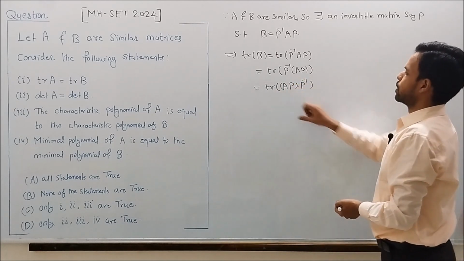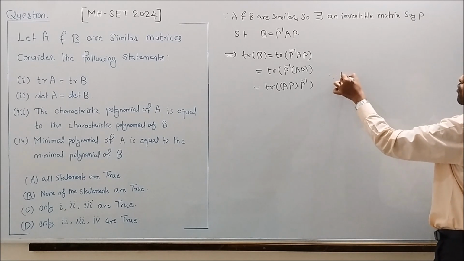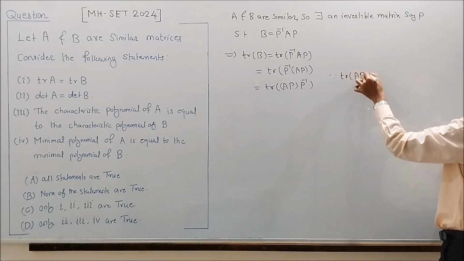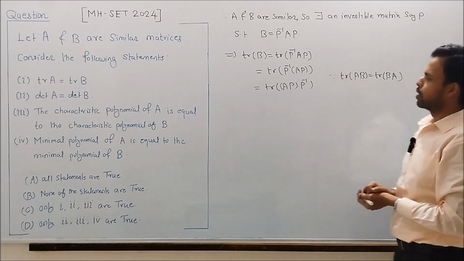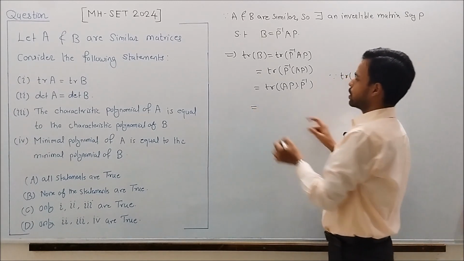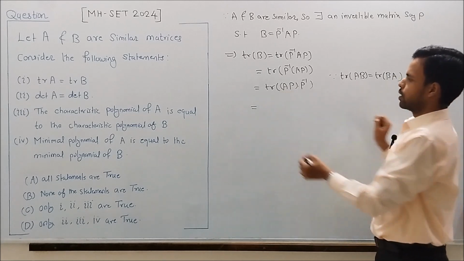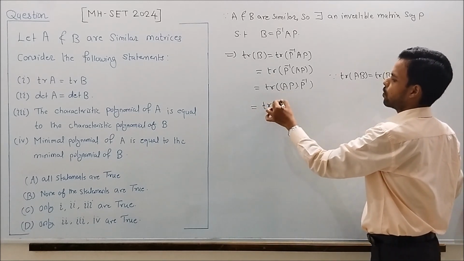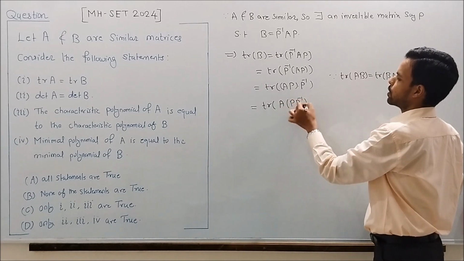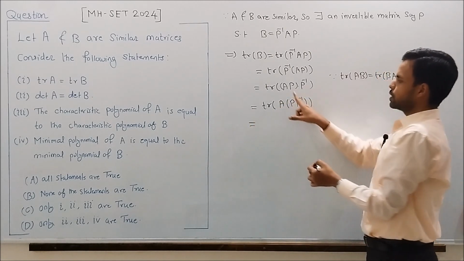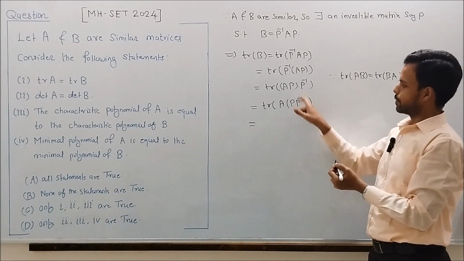Since trace of AB is equal to trace of BA. Now, by associativity of the matrix product, this can be written as trace of A times P P inverse.